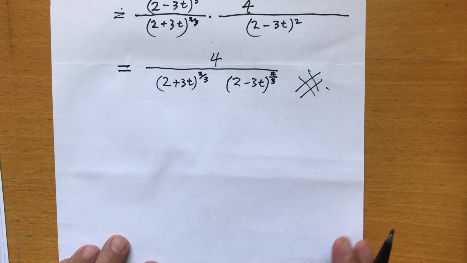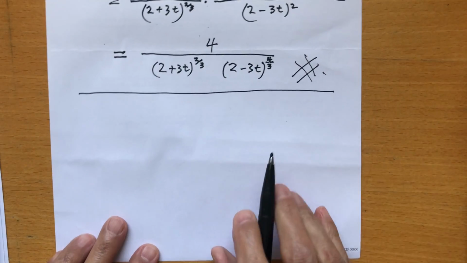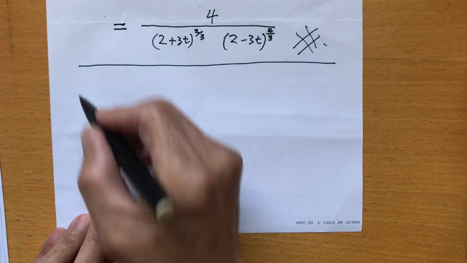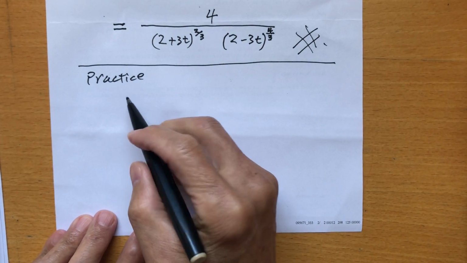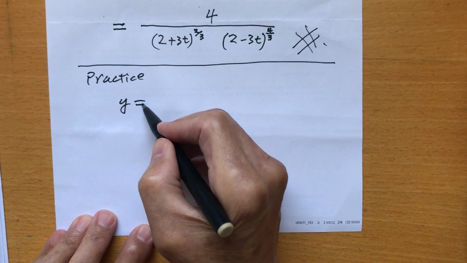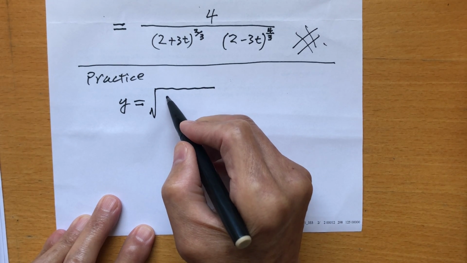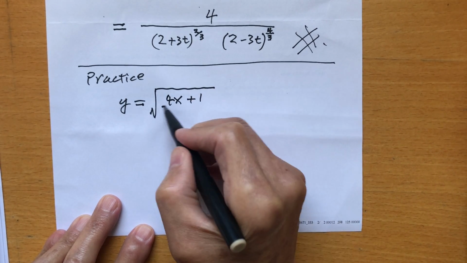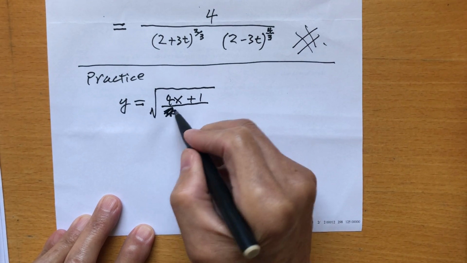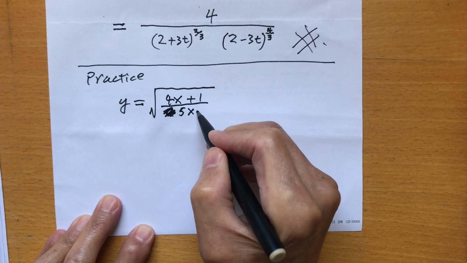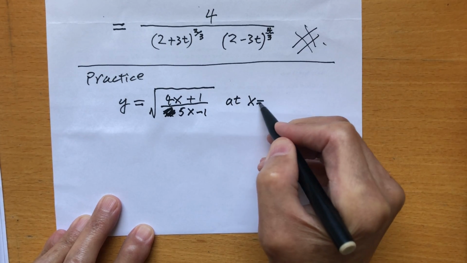Okay. Then I want to give you some practice questions, and you practice yourself. Okay. So practice. The first one is y equals square root of 4x plus 1 over 5x minus 1, at x equals 2.